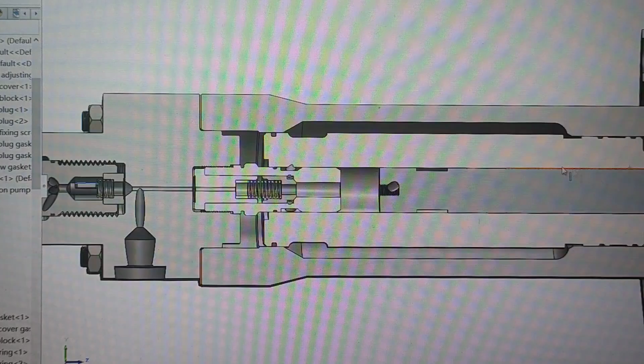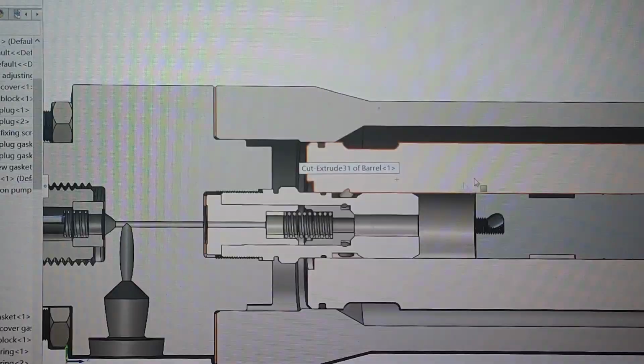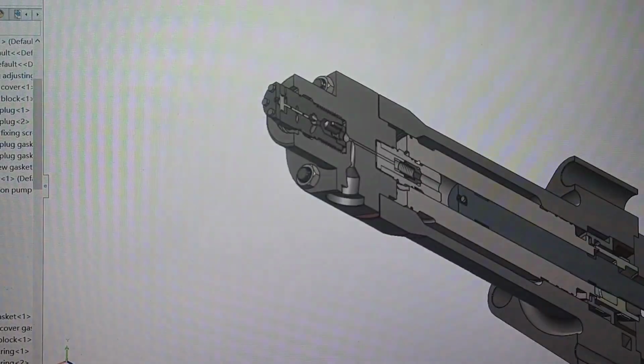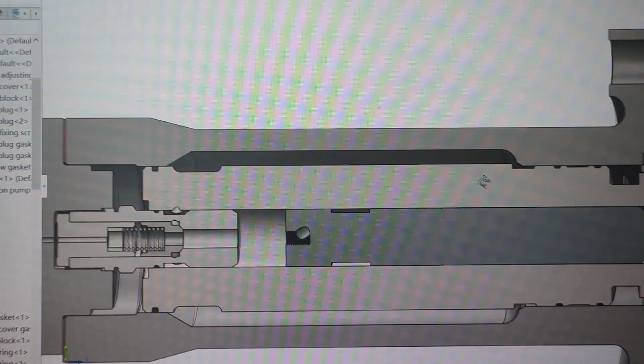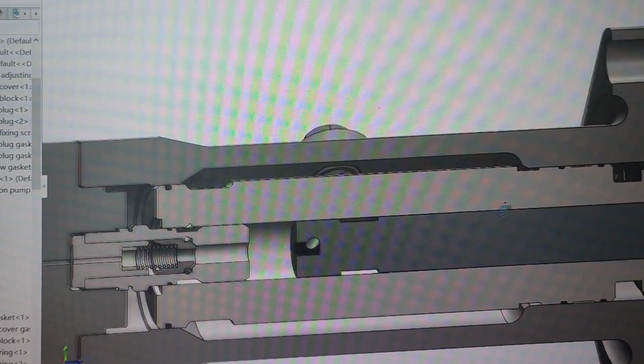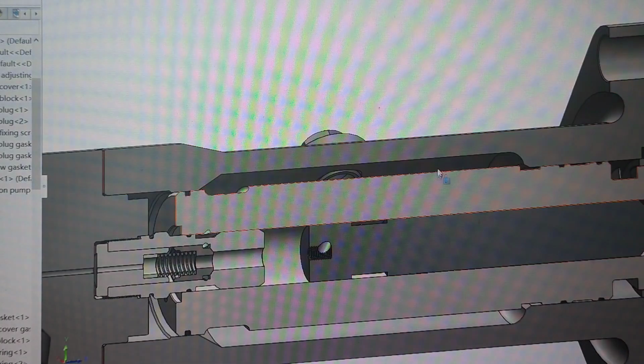So this is a fuel pump function, and another interesting thing about the MC series pump is that it is a variable injection timing pump, which means not only the start of the injection can be adjusted, the end of the injection can be adjusted as well.